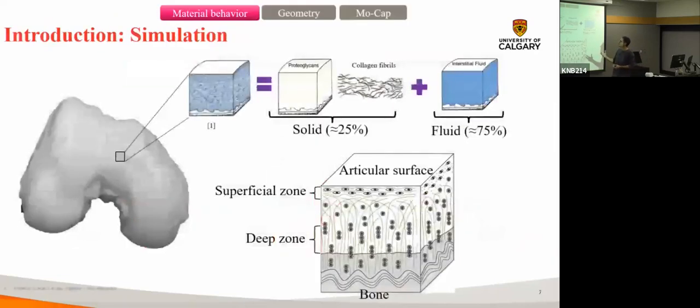For our material and in our application, which is a mechanical approach, we need to include solid and fluids and fibers that have a distinct pattern. These dashed lines that you see here are fibers, and they're parallel in the superficial zone and perpendicular to the bone in the deep zone. So we want our material behavior to address these details.